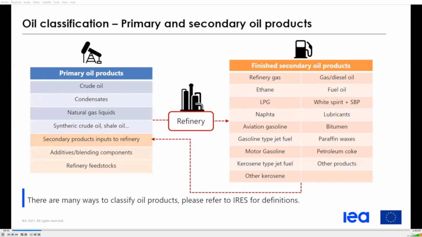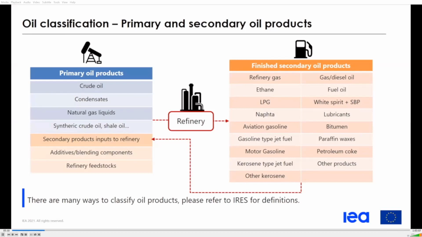Please, if you have doubts on how to report a specific product, do not hesitate to refer to the IRES, the International Recommendations for Energy Statistics from the United Nations. This is the methodology that we are following at the IEA, and that is followed by most of the international organizations.